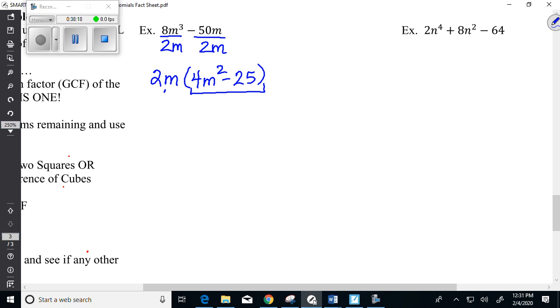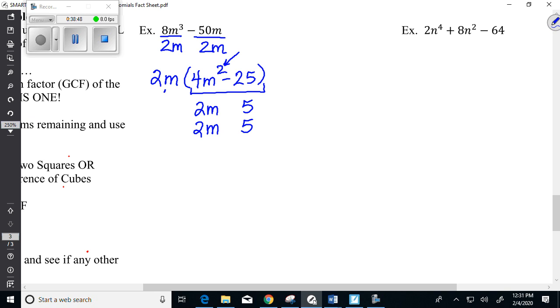Since the exponent is 2, that eliminates sum of cubes and difference of cubes right off the bat. So it's either going to be difference of 2 squares or nothing at all. Difference of 2 squares means you've got to have perfect squares. 4 is a perfect square, 2 and 2. m squared is a perfect square, m and m. 25 is a perfect square, 5 and 5.